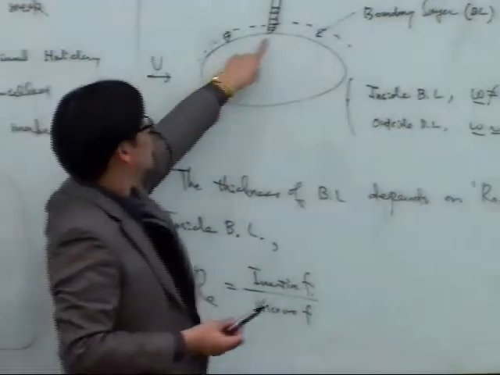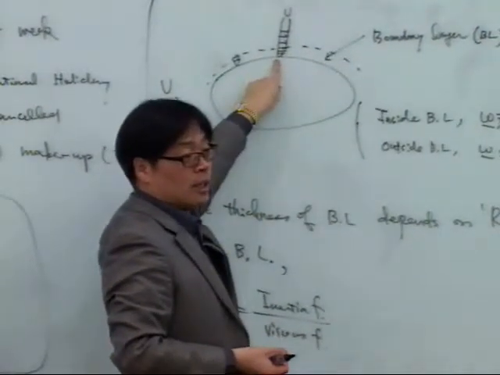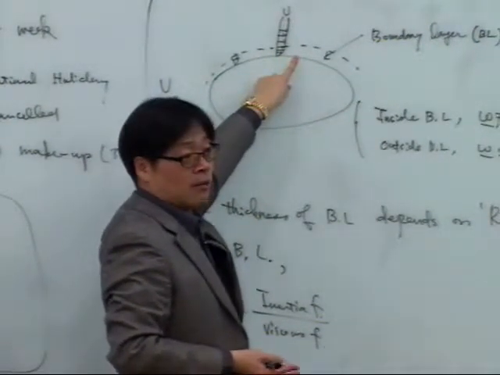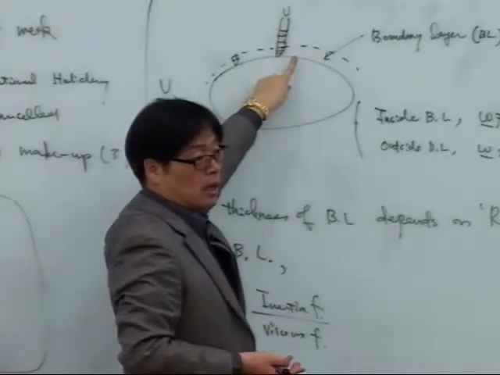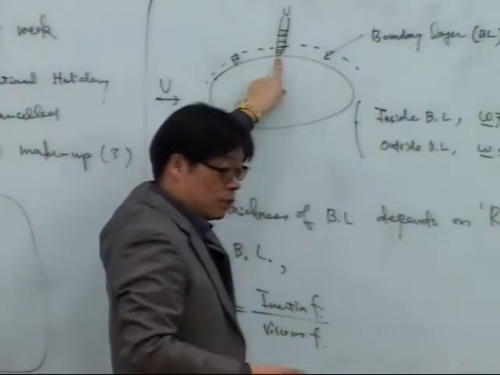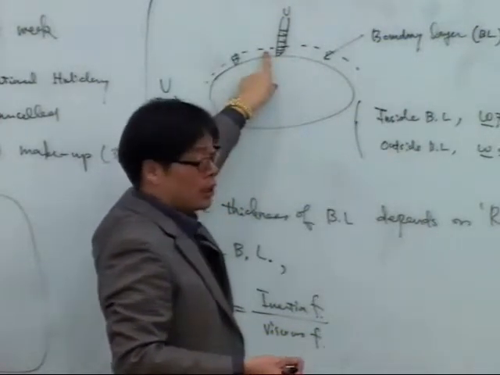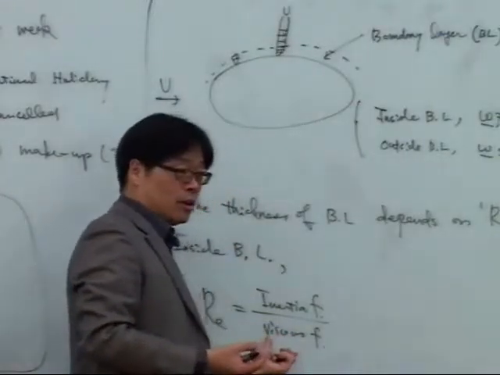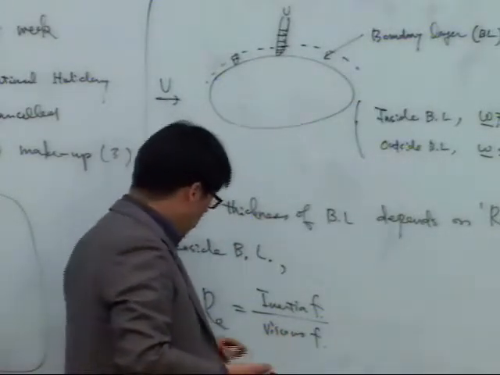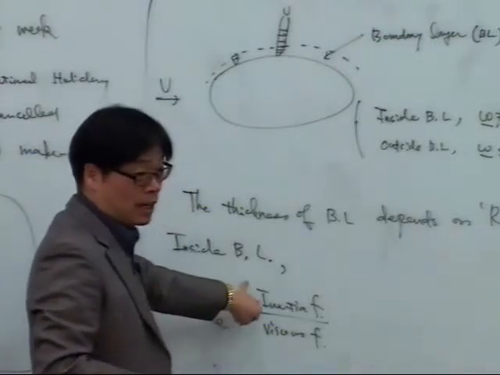Because if there is no viscosity, I wouldn't have a no-slip boundary condition, and then I wouldn't have the vorticity. Since I have viscosity, I have zero velocity, which is a no-slip boundary condition. Therefore, inside of boundary layer, viscosity plays a role. So inside of boundary layer, this guy is as important as this guy.